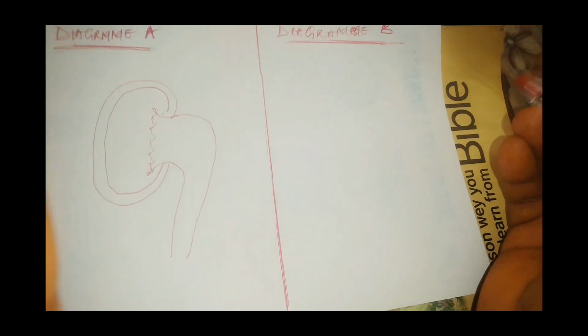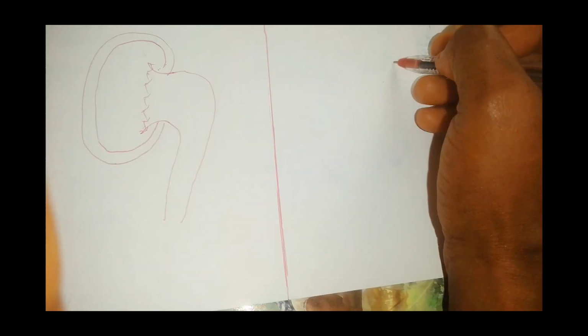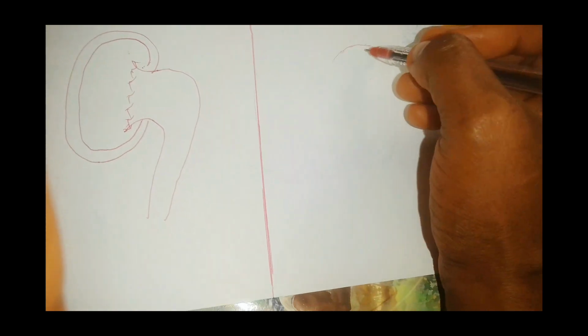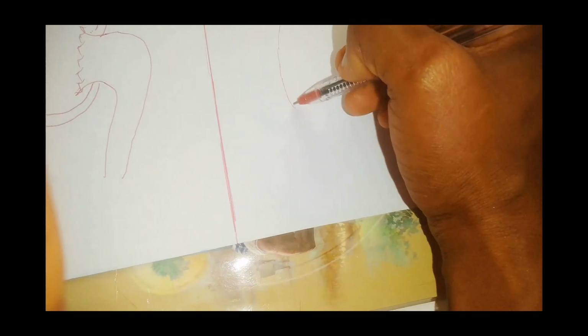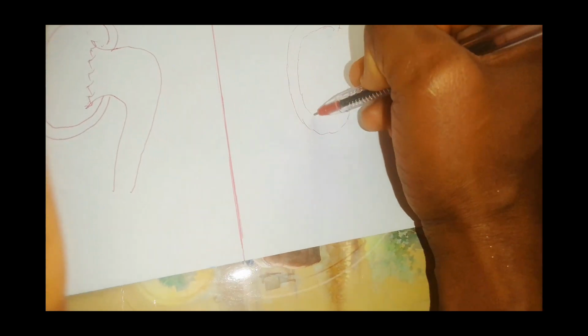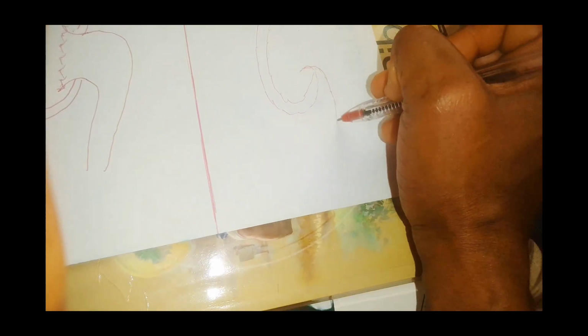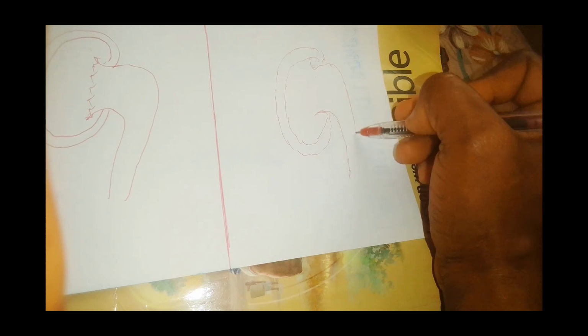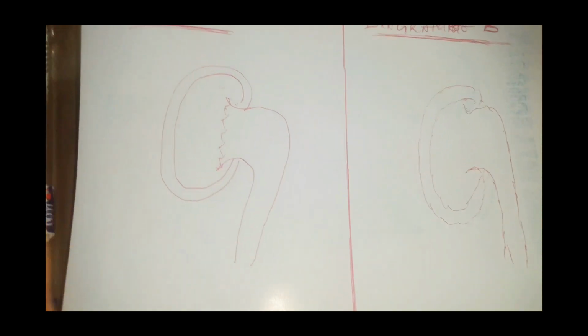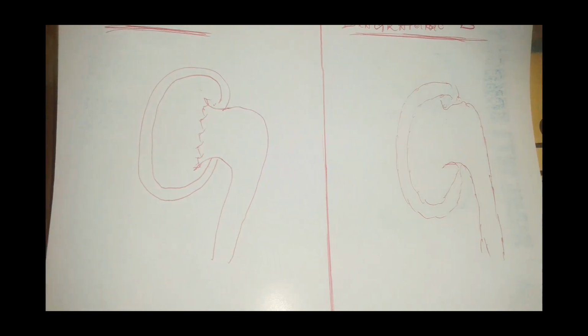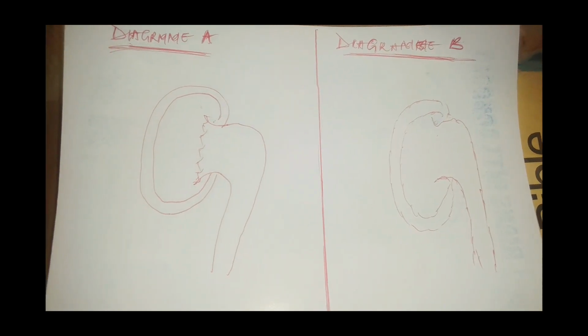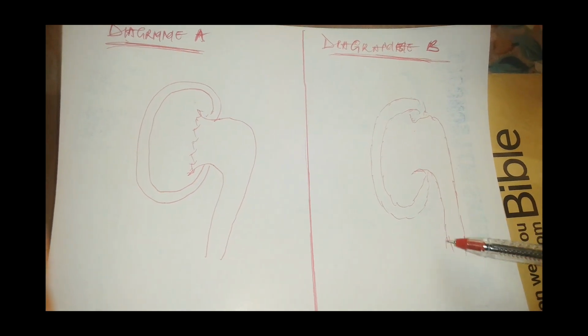But let's see what happened in diagram B. You can definitely see the difference between diagram A and diagram B. The diagram in A is neat, while that in B is woolly and broken and is not acceptable in biology.